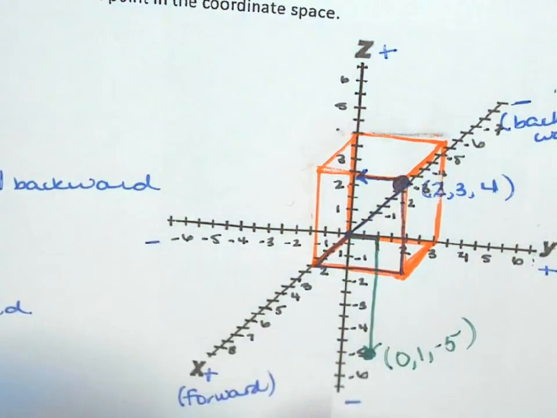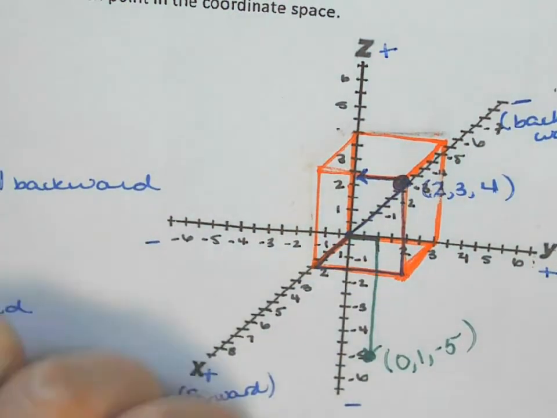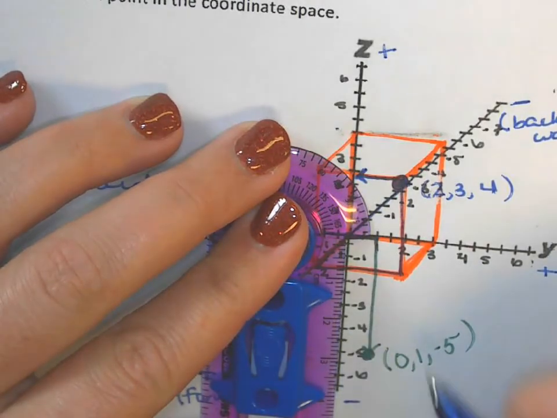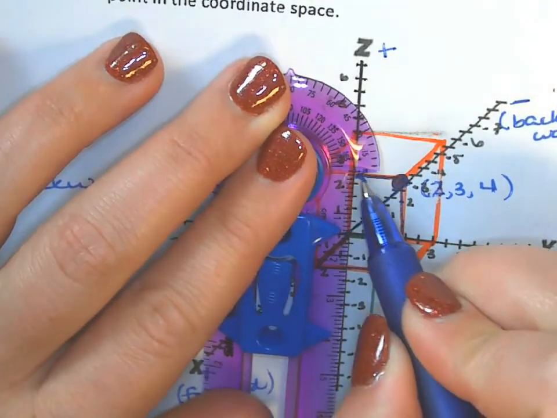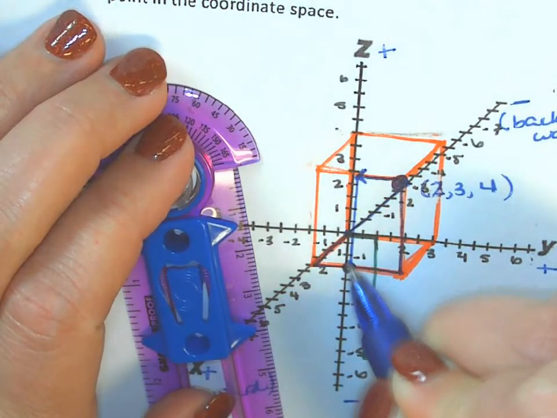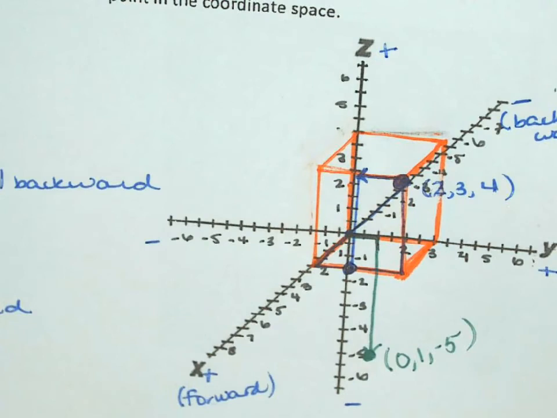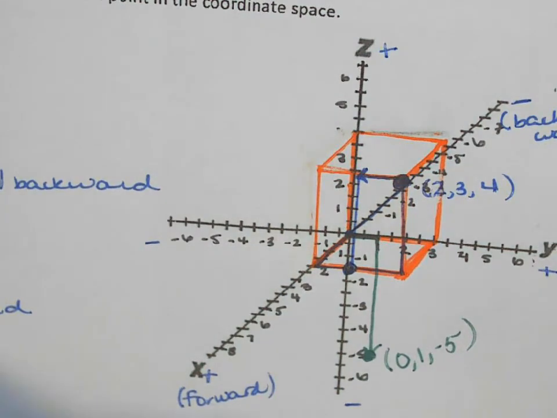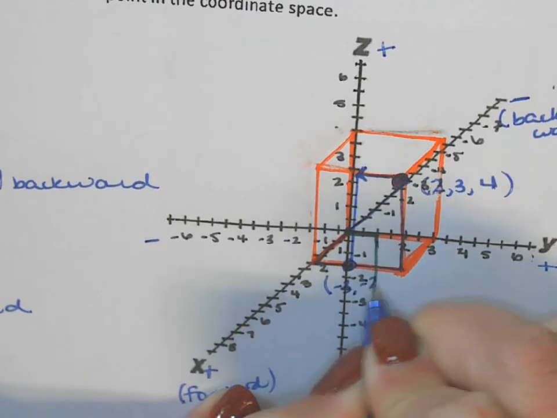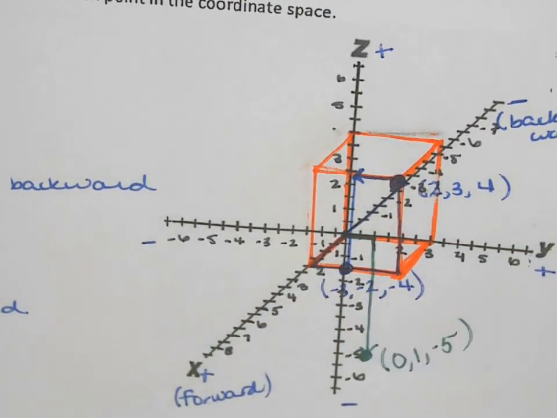And then I'm going to go 4 down. So 4 down from there would be about 2.2 centimeters. So from there, I'm going to go about 2.2 centimeters down. And right here would be the point -3, -2, -4.